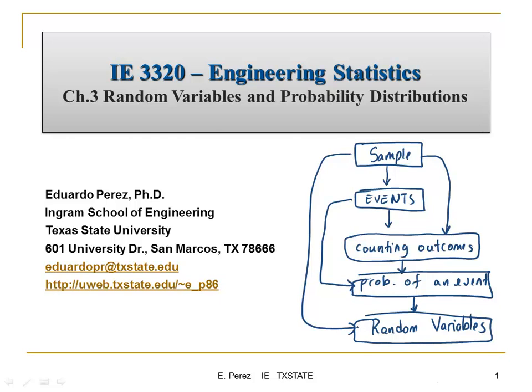And basically what we're going to do is assign numbers or values to our sample space based on probability. Okay, so this basically shows you why we are going in this order, and we're going to cover this part today.